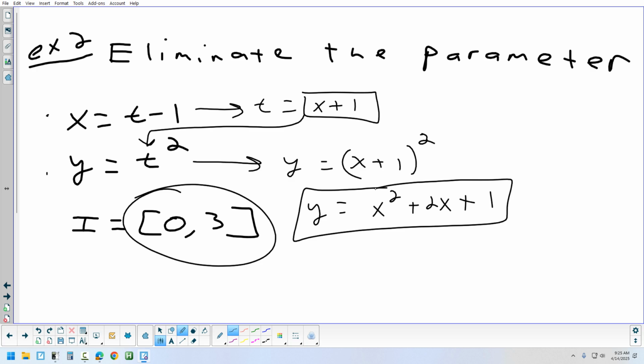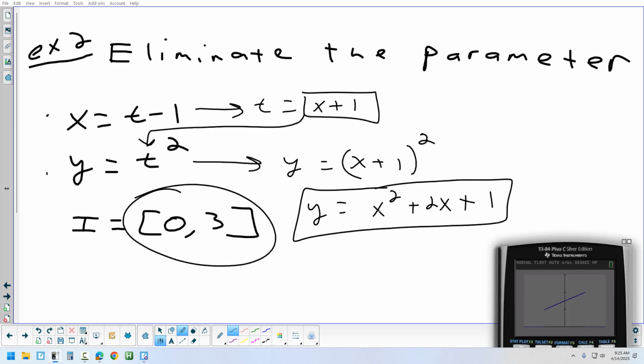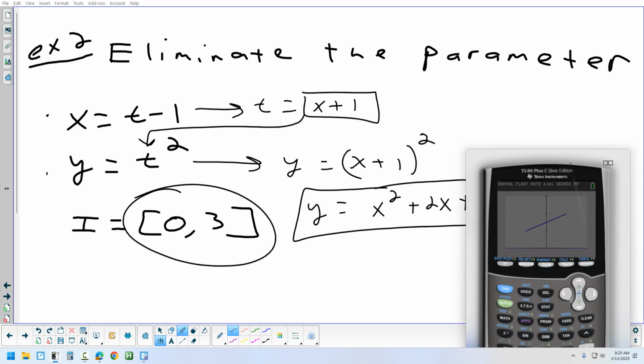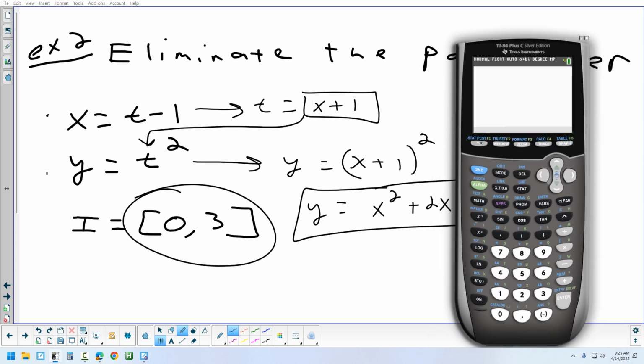All right, so now what shape is this graph? A parabola. It's a parabola, but it's only supposed to be part of a parabola. So now we need to figure out where to start and where to stop. Easiest way to do that, graph it parametrically and see if you can find the left edge and the right edge of your graph. And I told you it wouldn't be that hard to find.